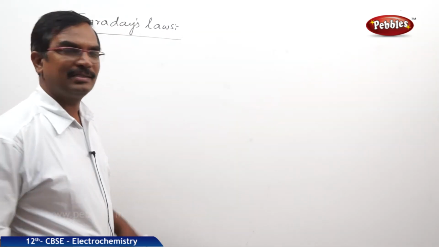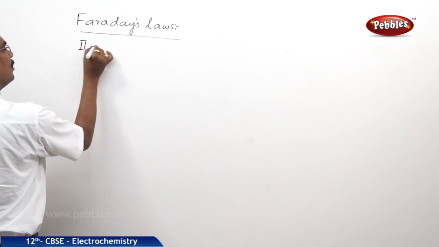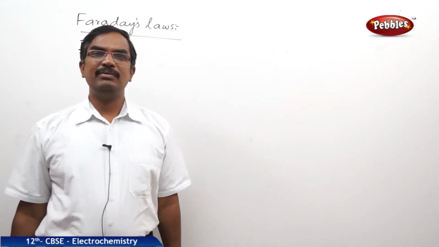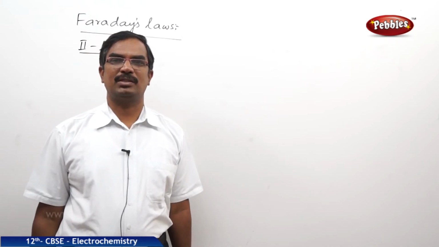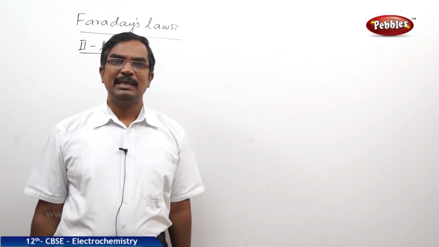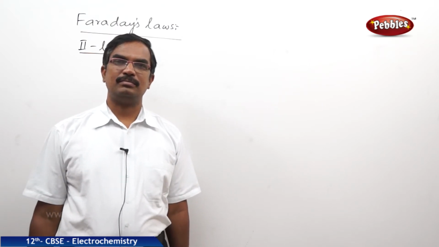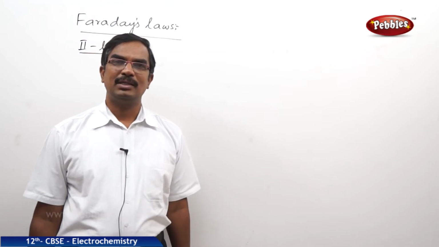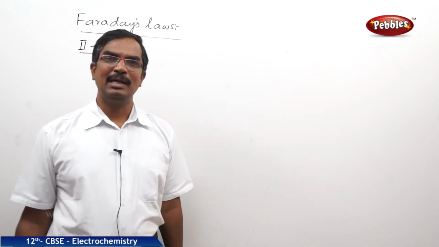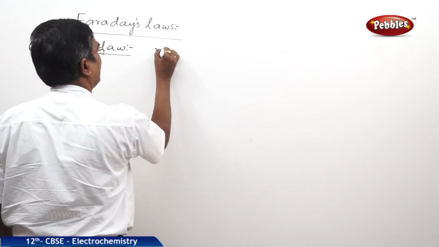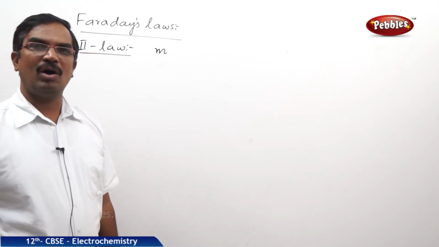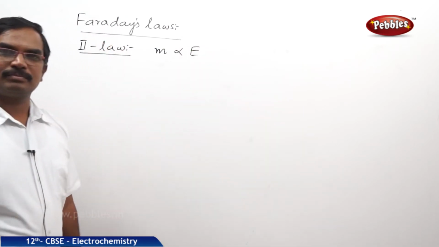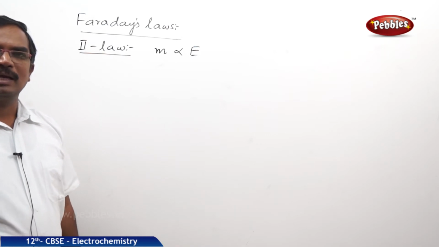Then let's go for Faraday's second law. According to Faraday's second law, whenever we take different electrolyte solutions which are connected in series and use the same quantity of charge throughout all the solutions, then the amounts of the substances which are deposited, released or evolved will be proportional to their equivalent weights, or gram equivalent weights.